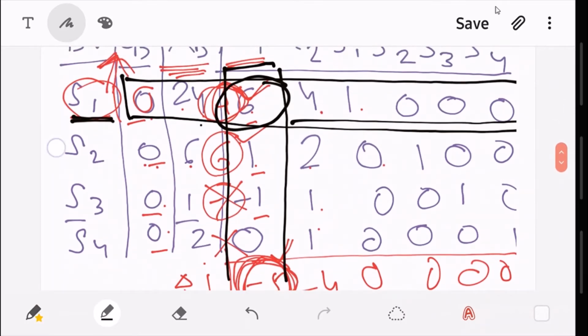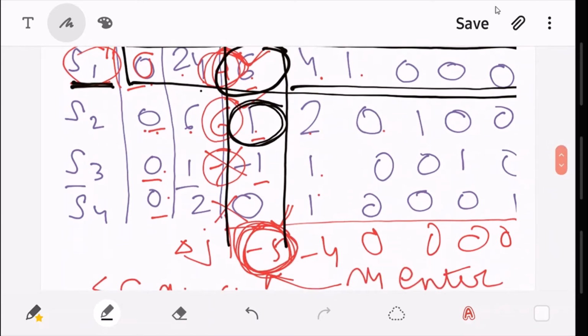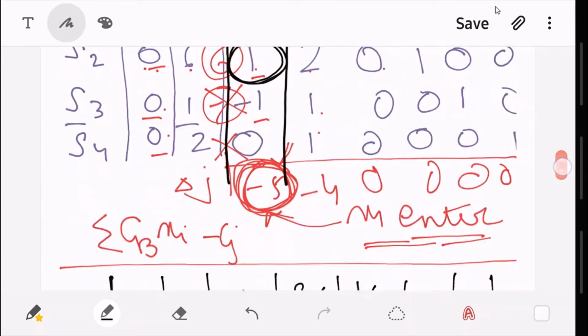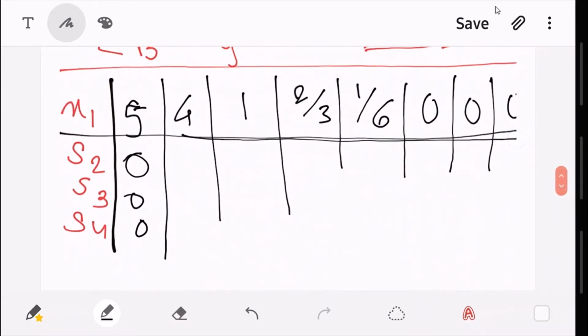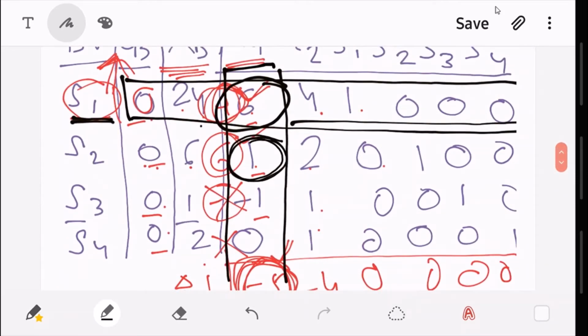For the others, we need to take whatever coefficient is there in the entering variable column, multiply it with whatever we have found, and then subtract it from the second row, or whichever row we are finding.